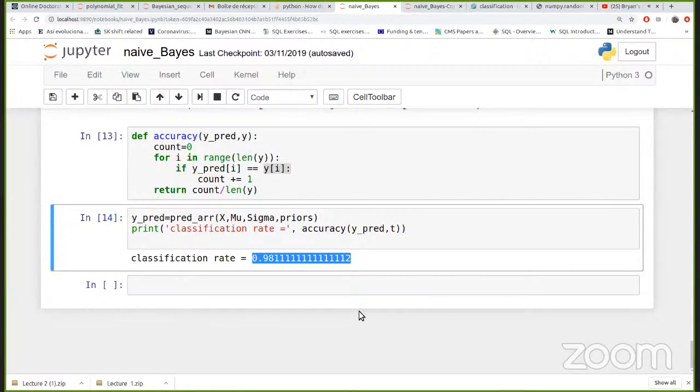But this naive Bayes model, I personally consider it as a baseline model with which I compare other more sophisticated models, such as a neural network, for example. I always first try to see what is roughly the separability that I obtain from this data set. I use naive Bayes for that, because this is roughly the order of magnitude of the classification rate I should expect.